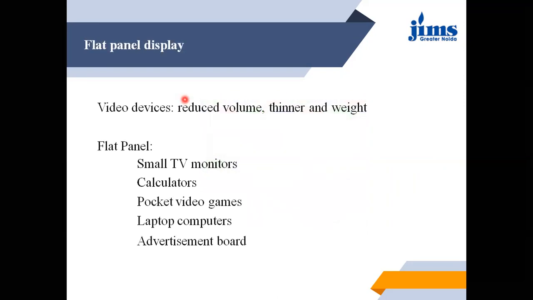Now, flat panel display. The displays we are using in our homes at this time, like LCD, reduce the size: they have less volume, are thinner, and their weight is also very low. For example, TVs at our homes, calculators, pocket video games, laptop computers, advertisement boards.